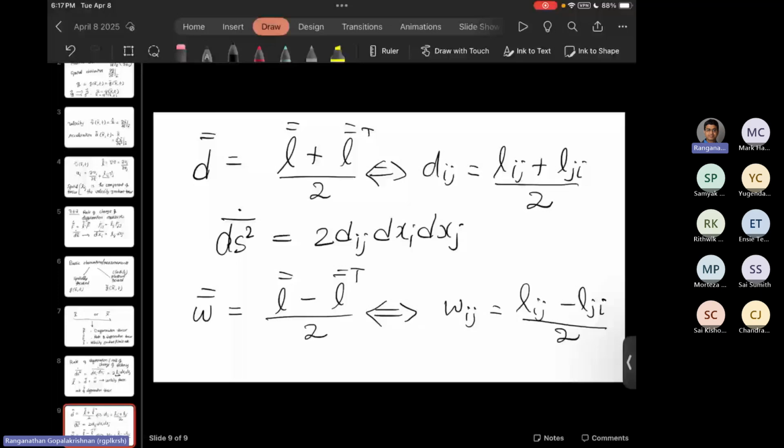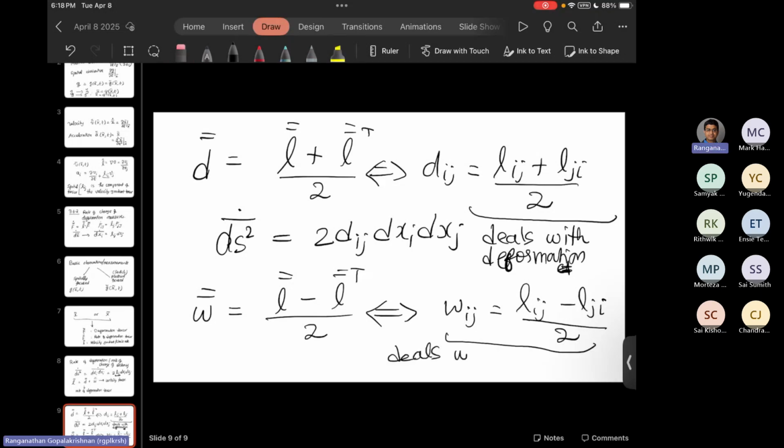So the physical interpretation is: D deals with deformation or length changes. W deals with orientation changes. So if something is rotating, it will have a non-zero vorticity.